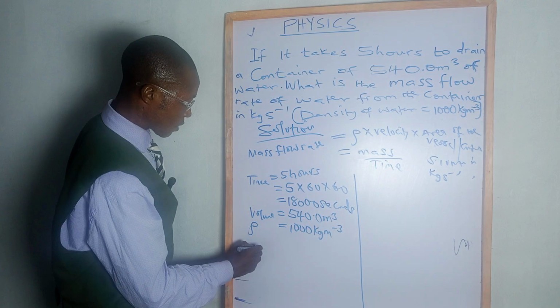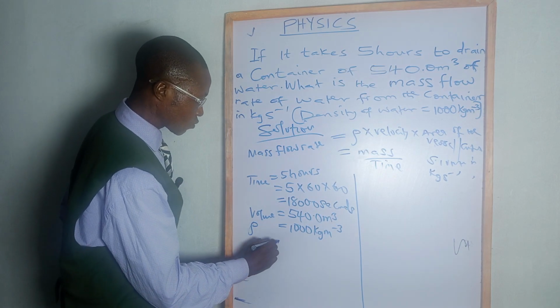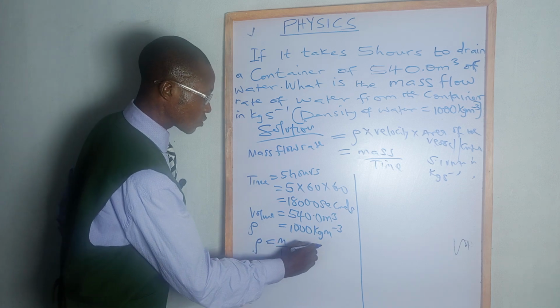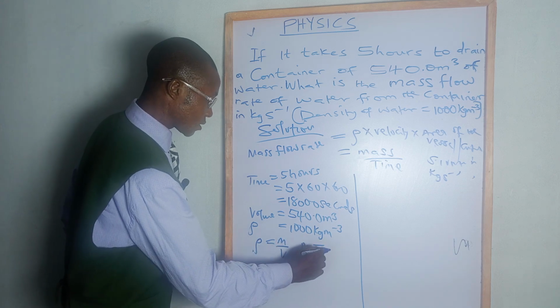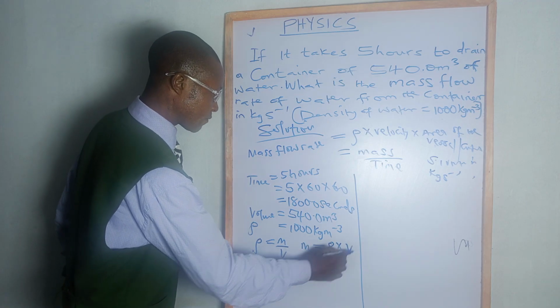Now here we go. Let's look for our mass. From the relation, density is equal to mass per unit volume, making mass the subject of the formula. So mass will be equal to rho multiplied by volume.